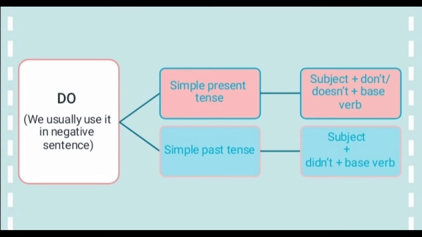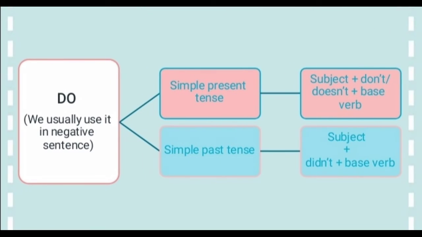We usually use it in negative sentences. In simple present tense, we use subject plus don't or doesn't plus base verb. For example, they don't like the food. In simple past tense, we use subject plus didn't plus base verb. For example, he didn't go home.